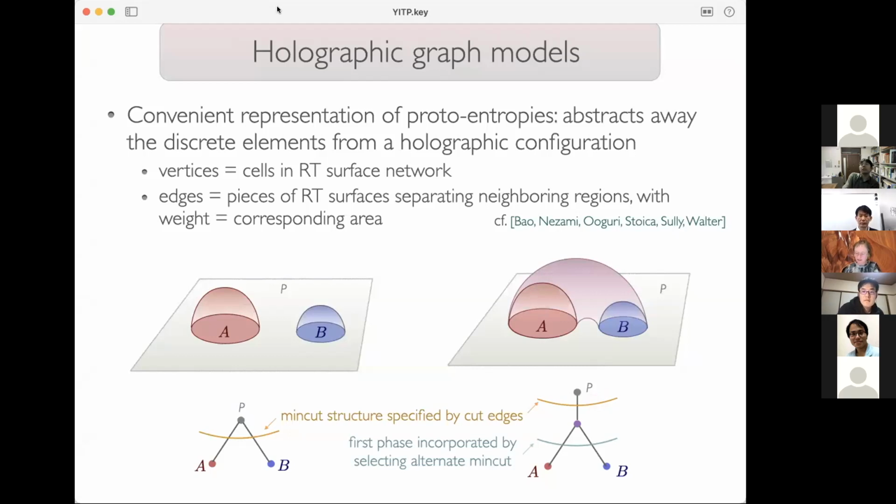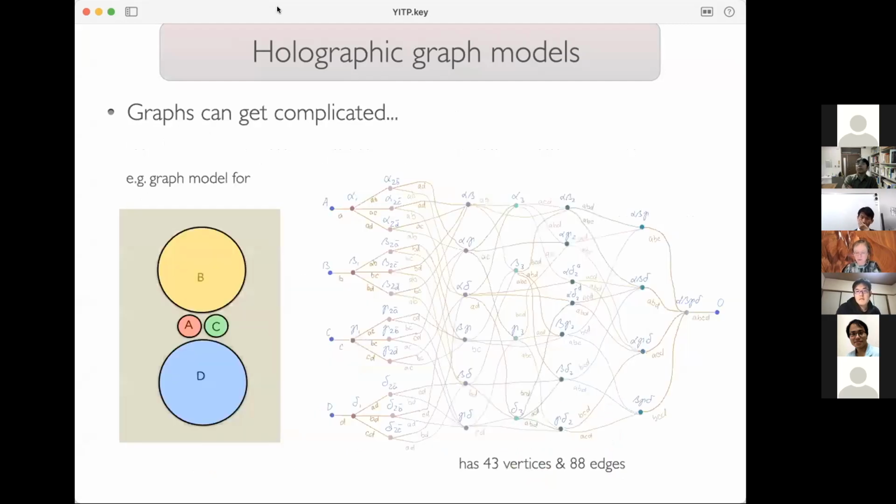Is it that the entropy of AB, for example, here is given by the sum of these, which would be this type of cut, or just this surface, which would be this type of cut? So we can analyze this in this graph configuration.